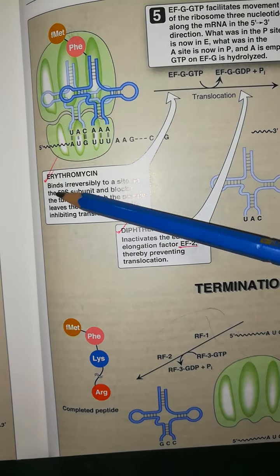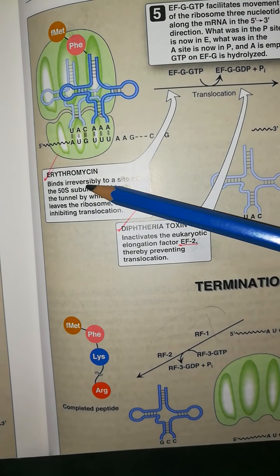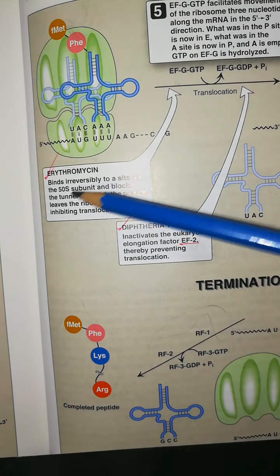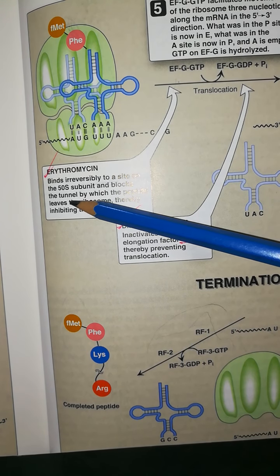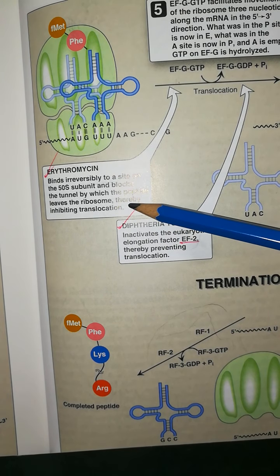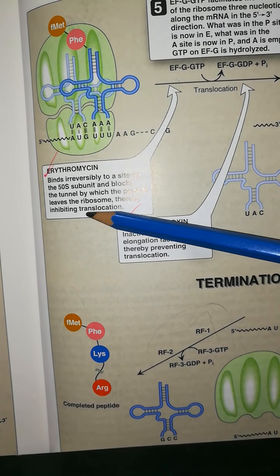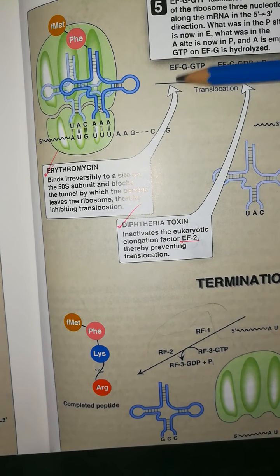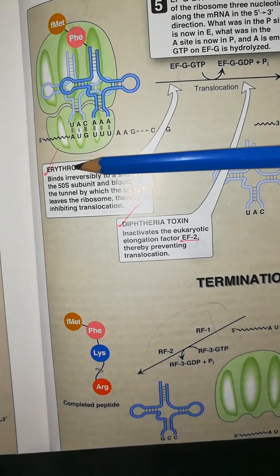Erythromycin binds irreversibly to this step and blocks the tunnel by which the peptide leaves the ribosome, thereby inhibiting translocation. Here this step is inhibited by erythromycin.